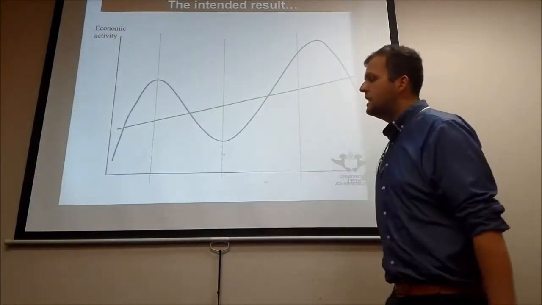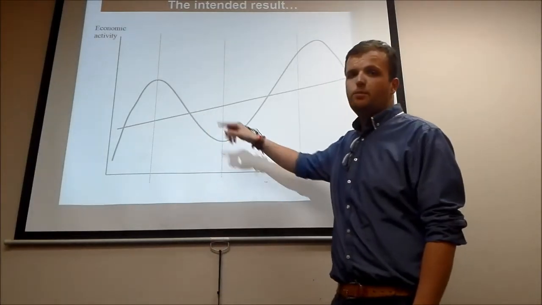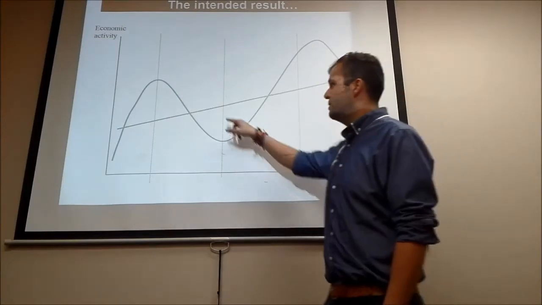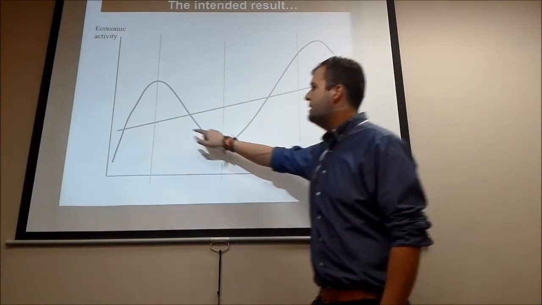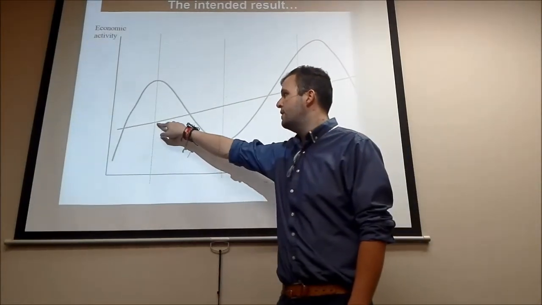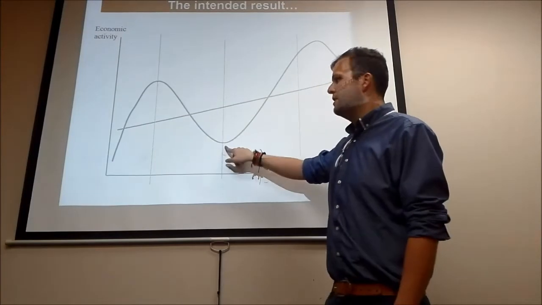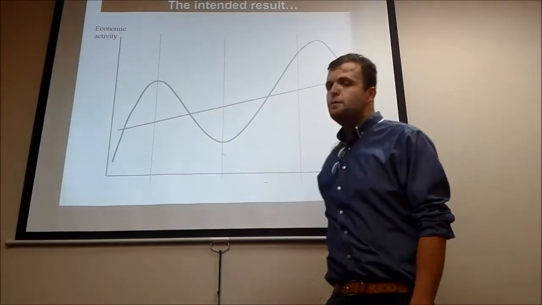So let's look at this policy section. So your downswings and upswings you want to be as small as possible. So this is a downswing, this is an upswing. The downswing and upswings are the distance from the trend line to the actual growth, or the trend line to the actual decrease. Okay. So what do you want to do?